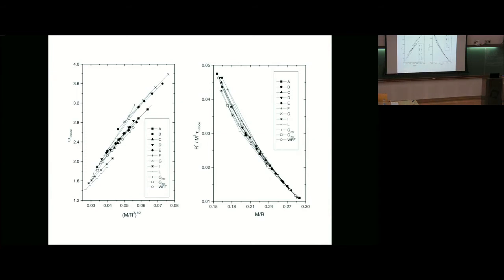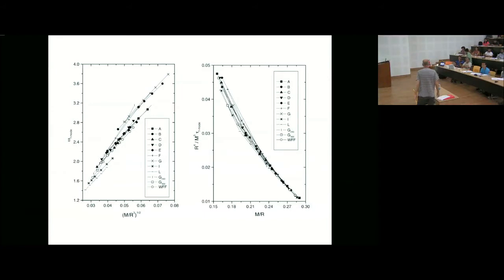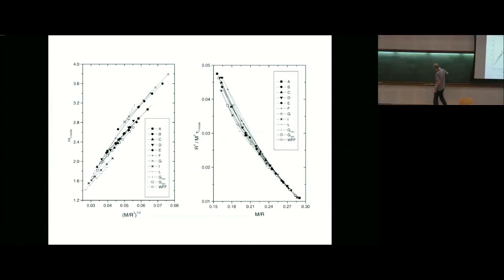Now in the remaining half hour or so, I want to sketch more briefly what happens if I put in more physics. So obviously this was the simplest possibility. It's got very little to do with real stars, apart from apparently giving a fairly realistic scaling.